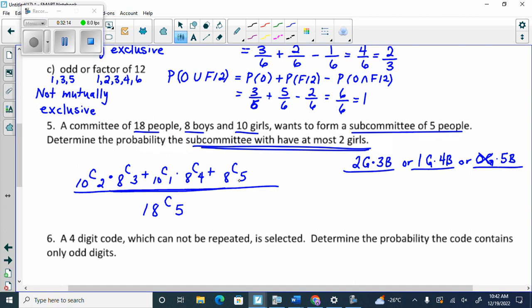So on the top I'm getting 2,646 over 8,568. I can divide them.